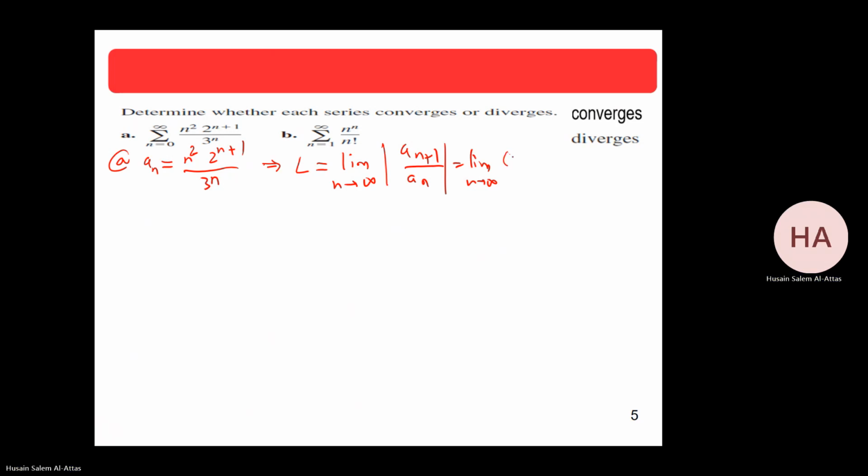I have n plus 1 squared times 2 to the power n plus 1 plus 1 over 3 to the power n plus 1, times the reciprocal of a_n, which is 3 to the power n over n squared times 2 to the power n plus 1.